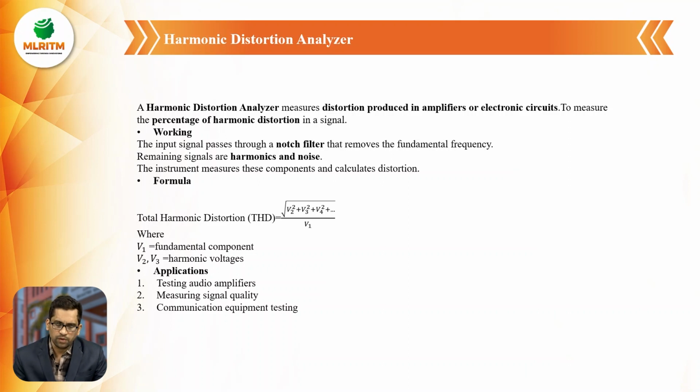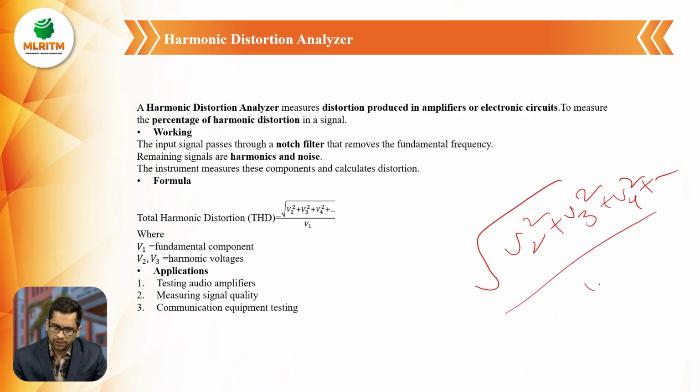The general formula for harmonic distortion is the square root of V2 square plus V3 square plus V4 square, and so on, divided by V1. Here V1 is the fundamental component and V2, V3 are the voltage components of the harmonic components. This is the formula for the total harmonic distortion in the signal.